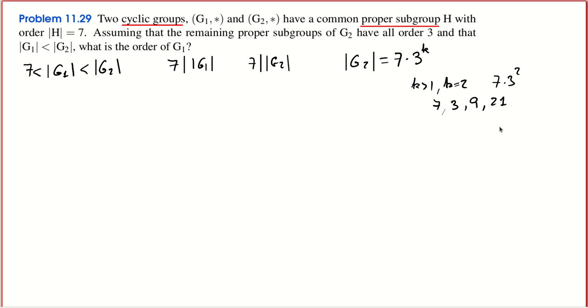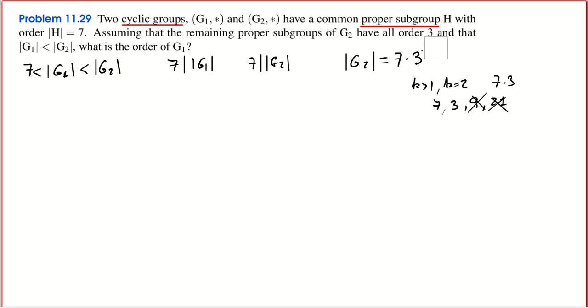These would be all the proper divisors, and therefore G2 should have at least one proper subgroup for every one of them. But we're told that all the other subgroups, apart from H itself, have order 3. So these are excluded. So the only possibility is that the power is 1.